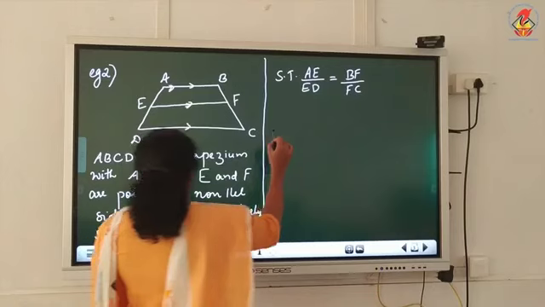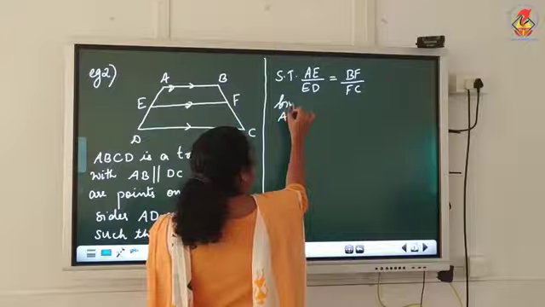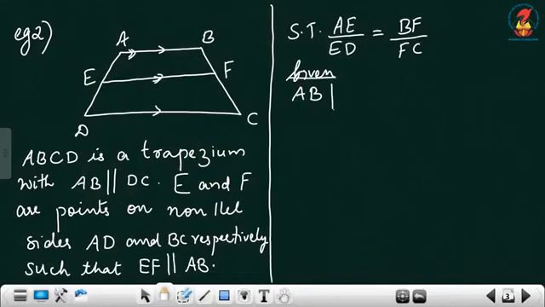See, given things: AB parallel to DC and EF parallel to AB.